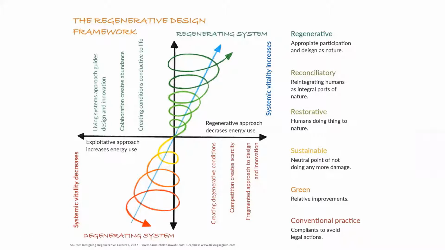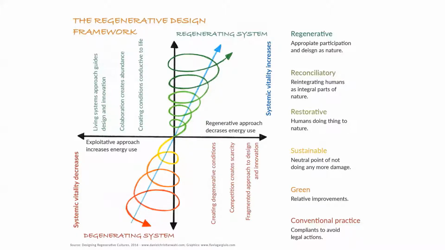Now, looking at this chart over here, or this graph, basically, to get to a regenerative system, it means that there's going to be appropriate participation and design as nature. Now, this is called biomimicry, and I will talk about that in a minute. And this also means that there's a regenerative approach to decreasing energy use.